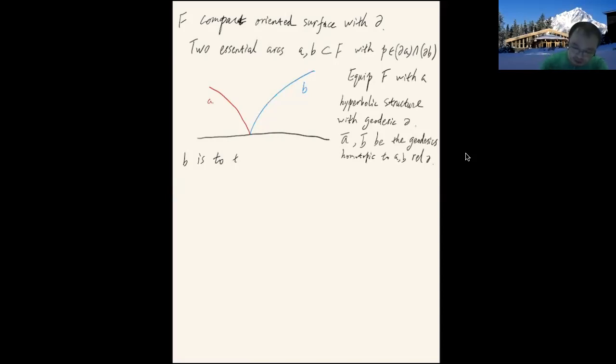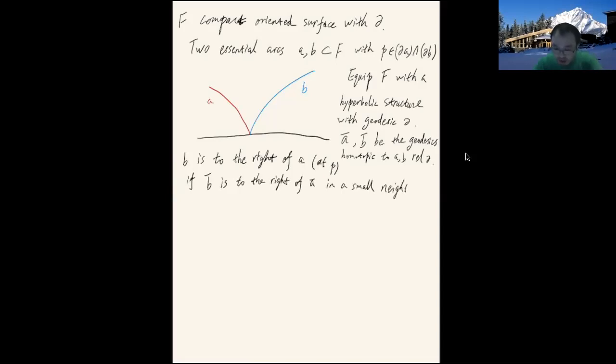Okay, so now we say B is to the right of A, maybe at P, if B bar is to the right of A bar in a small neighborhood of P, or just B bar is equal to A bar.